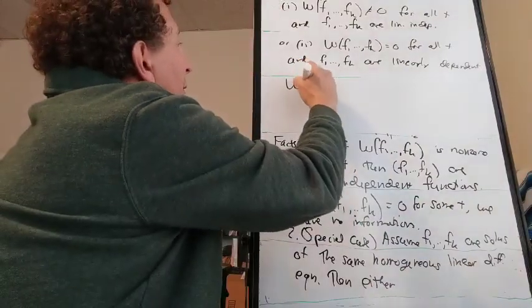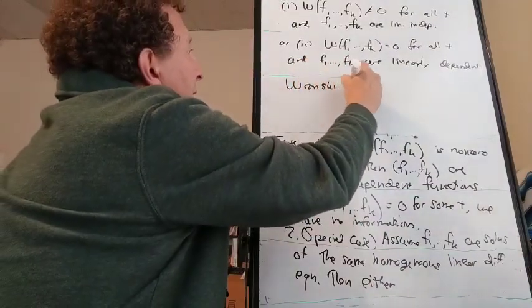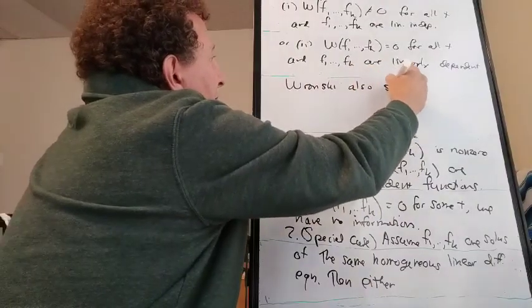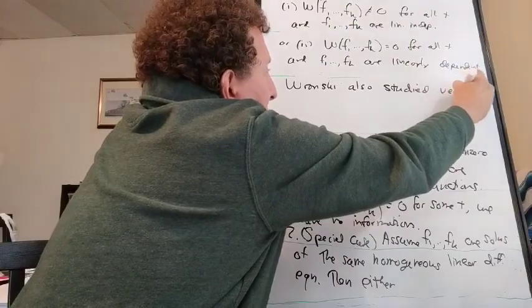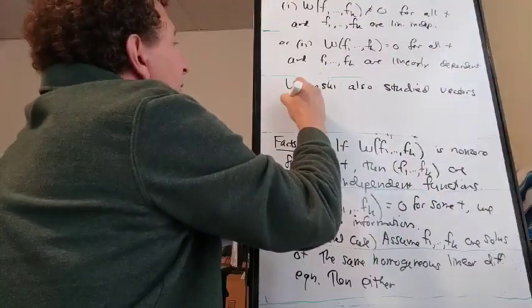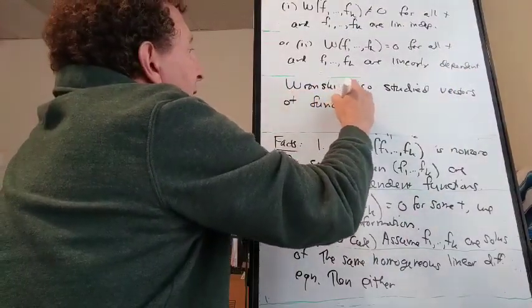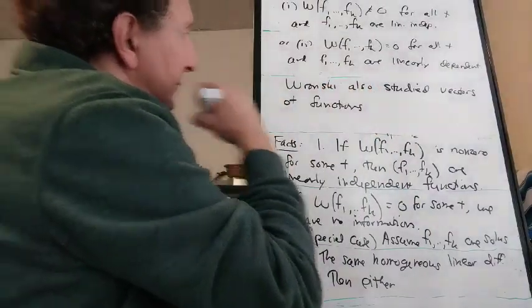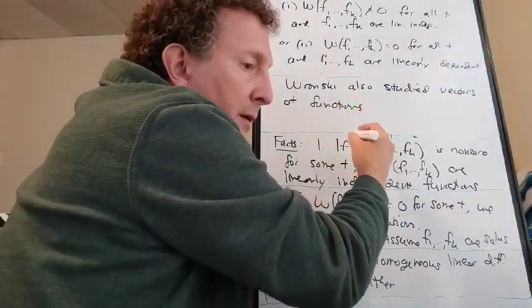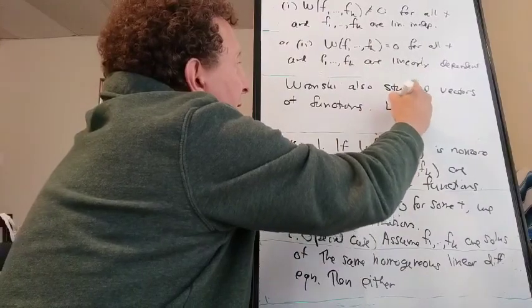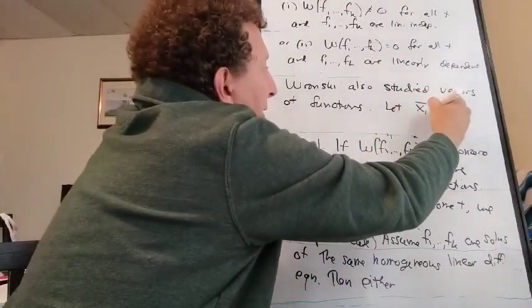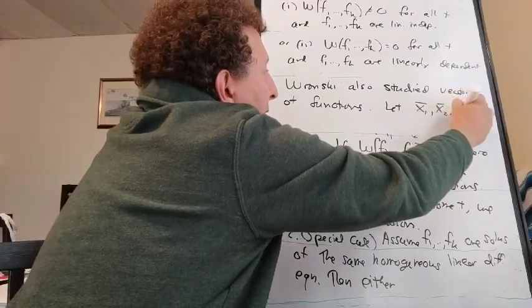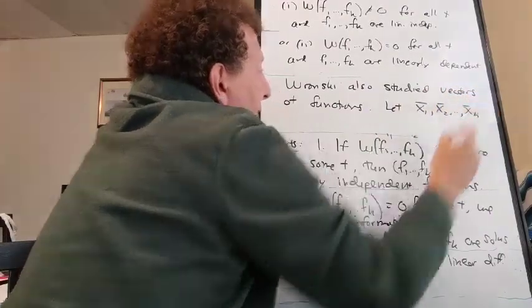All right, now Wronski also studied vectors of functions. So let's let x1, I'm going to write bar to emphasize that this is a vector, x2, let's say we have k vectors of functions.